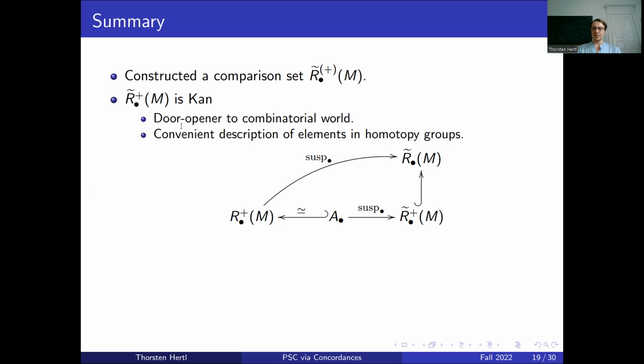And we have also seen that this cubical set is a Kan set. It's a good cubical set. So this allows us to throw the entire combinatorial theory of cubical sets at this space. And for example, this allows us to give a really convenient and element-wise description of its homotopy groups.